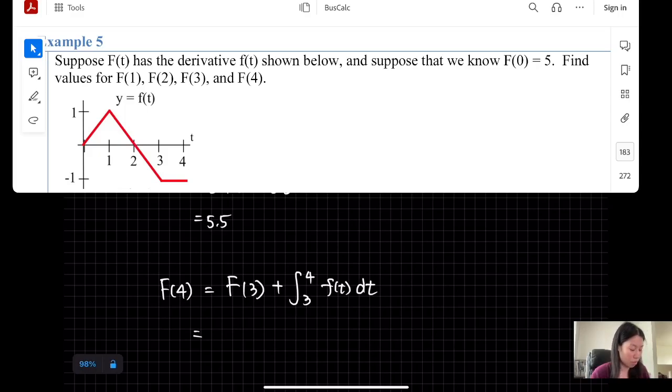So f of 3 from what we found earlier is 5.5, and the integral from 3 to 4 is going to be negative, a square. So it should be negative 1, a square of 1 times 1, which gives 4.5. So that's f of 4.